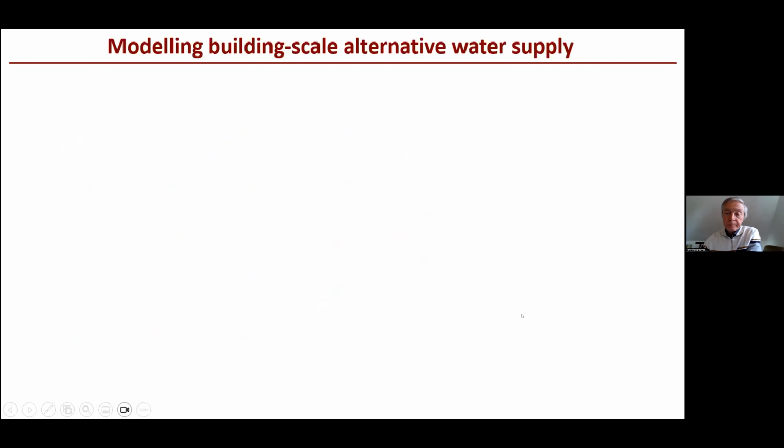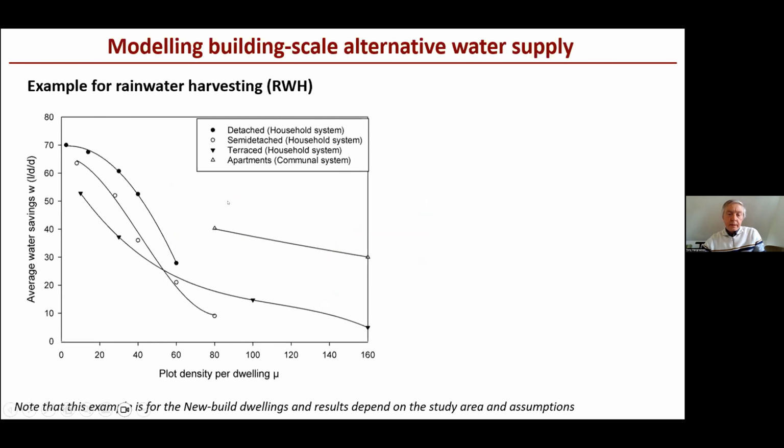So just to give an example now of how the tiles are used for modelling rainwater harvesting. Here we can see on the y-axis is the water savings, the average water savings for the zone, and the x-axis is the plot density, the density of the dwellings.